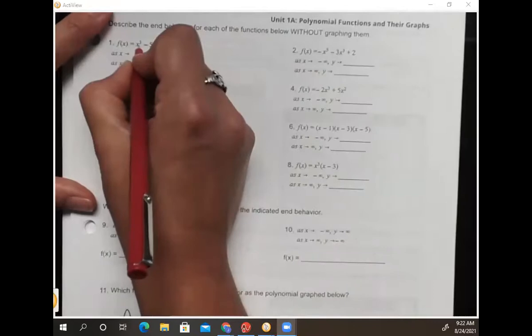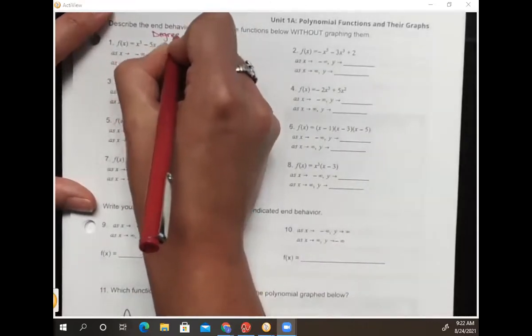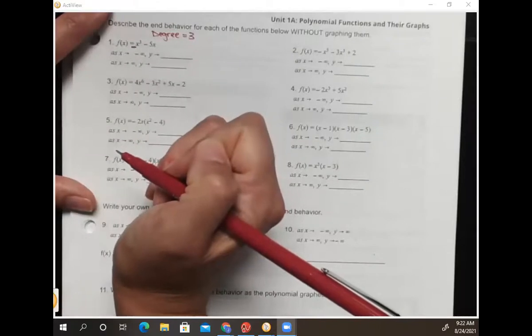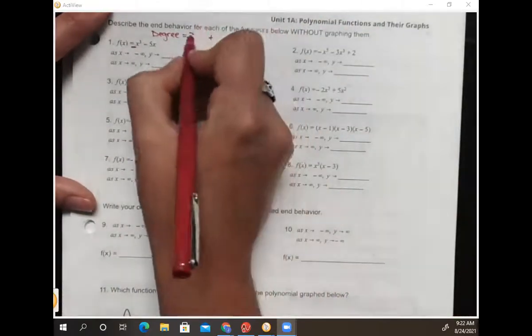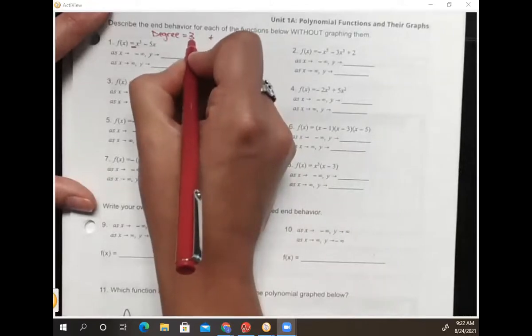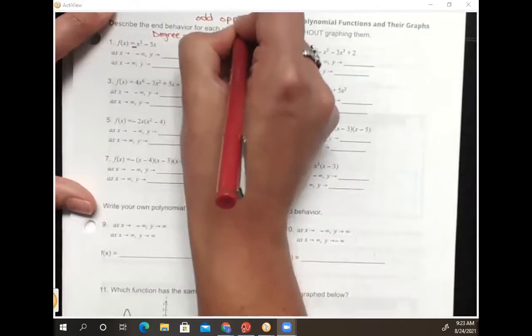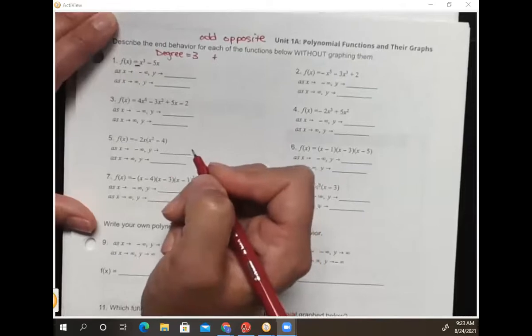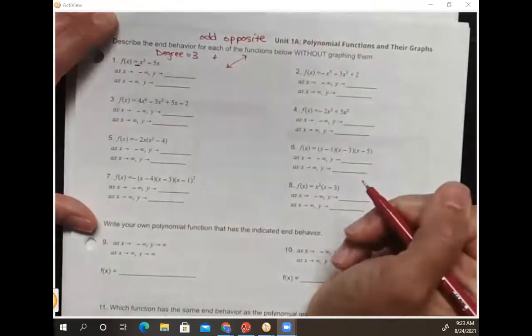So for number 1, my degree is 3. And my lead coefficient, the coefficient at the very front, is positive. Odd degree, they go opposite. Odd goes opposite. Since it's positive, it will have a generally positive slope, up from left to right.